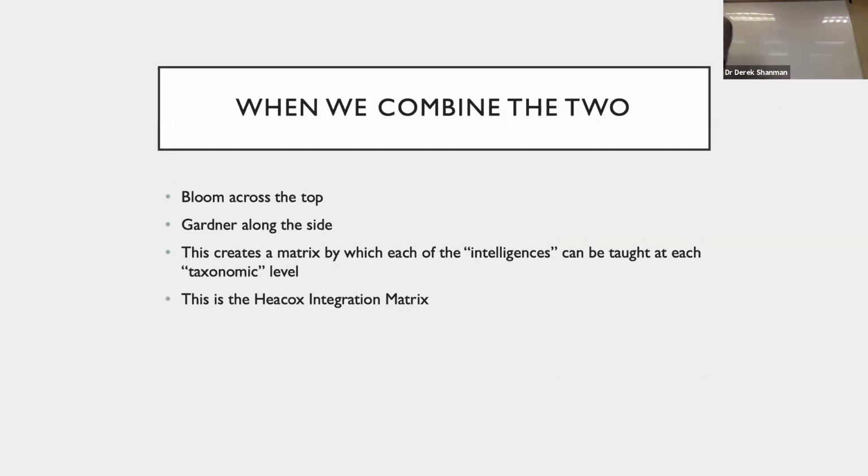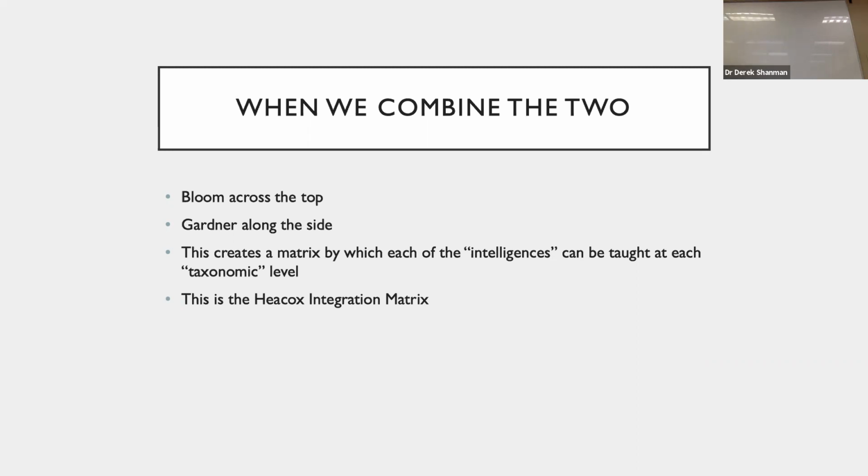So when we combine the two, when we combine Bloom's taxonomy with Gardner's multiple intelligences, Bloom's taxonomy goes across the top, with Gardner's multiple intelligences along the side. This is going to create a matrix that would allow us to look at any one activity in however many, 7 times 8, different ways, right?